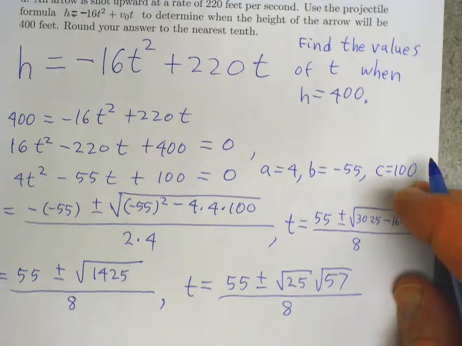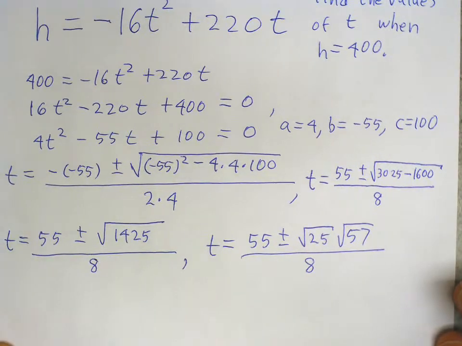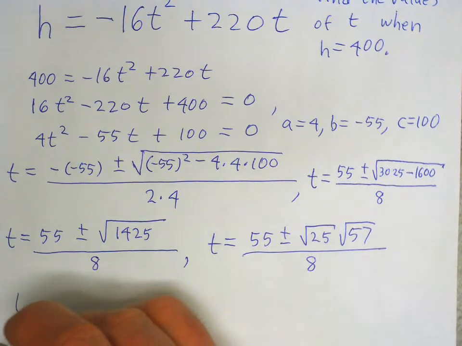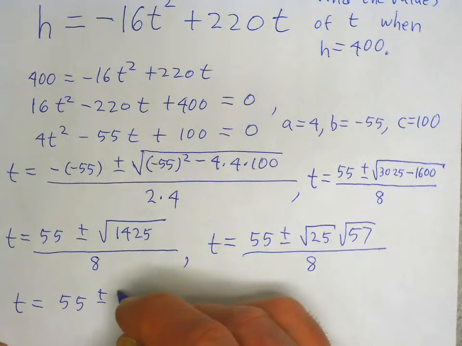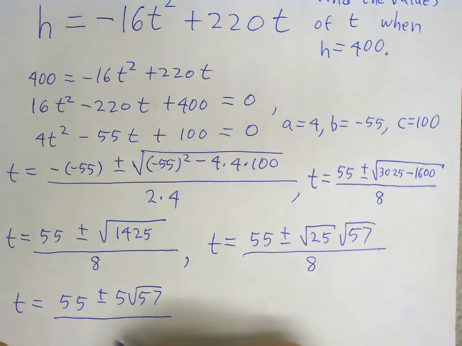And then in the next step, we'll simplify the square root of 25. So we get t equals 55 plus and minus 5 times the square root of 57, all divided by 8.